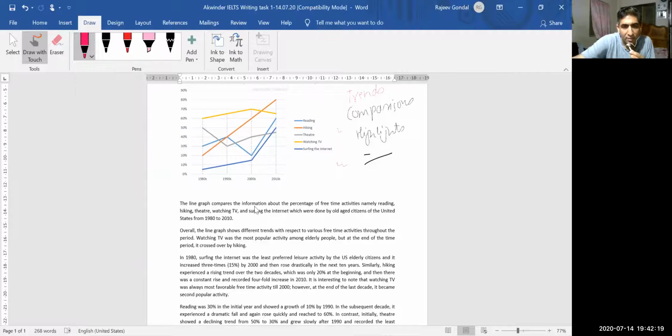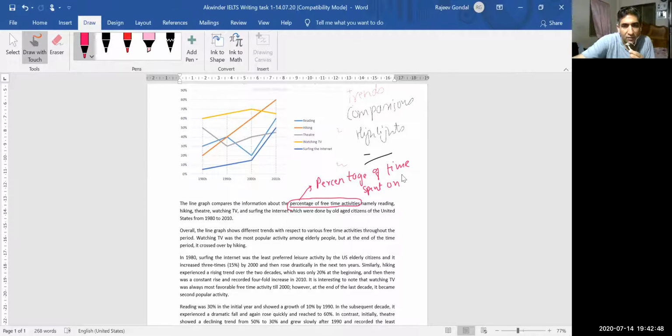It should be percentage of time spent on, isn't it? Percentage of time spent on would be better. Free time activities is fine, but it is not percentage of free time activities.